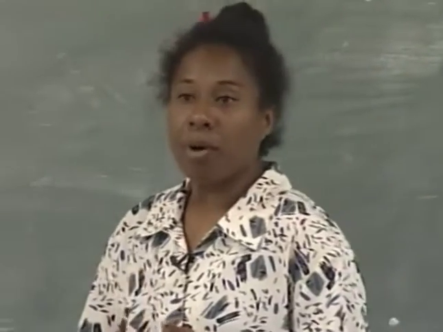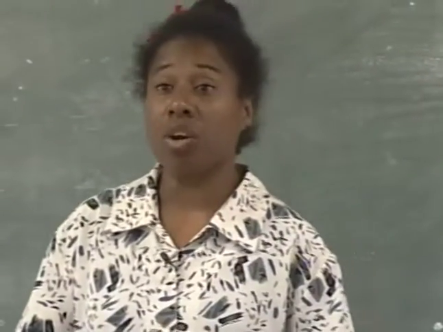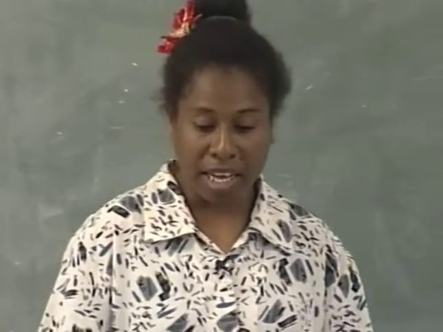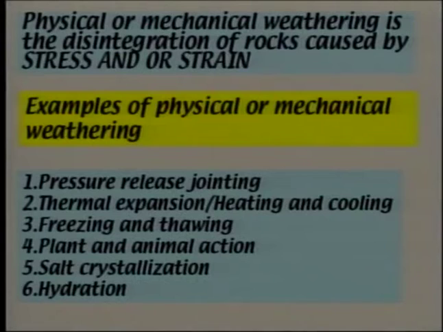There are a couple of examples which come under physical or mechanical weathering. The examples are: 1, pressure release jointing; 2, thermal expansion, which is also known as heating and cooling, and the process of exfoliation comes in together with that example.